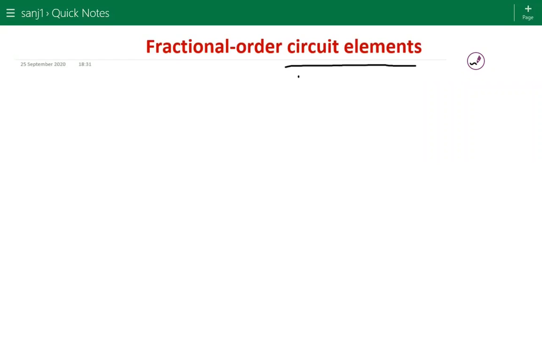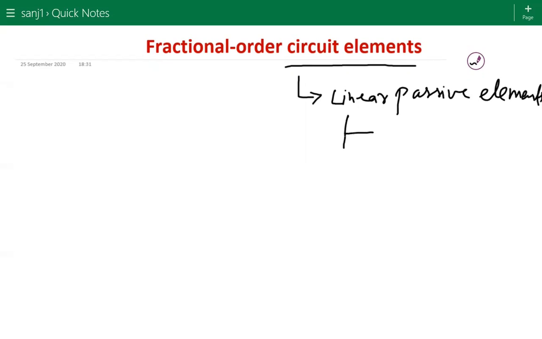Now this refers to the linear passive elements, which mainly comprise resistors R, capacitors C and inductors given by L.